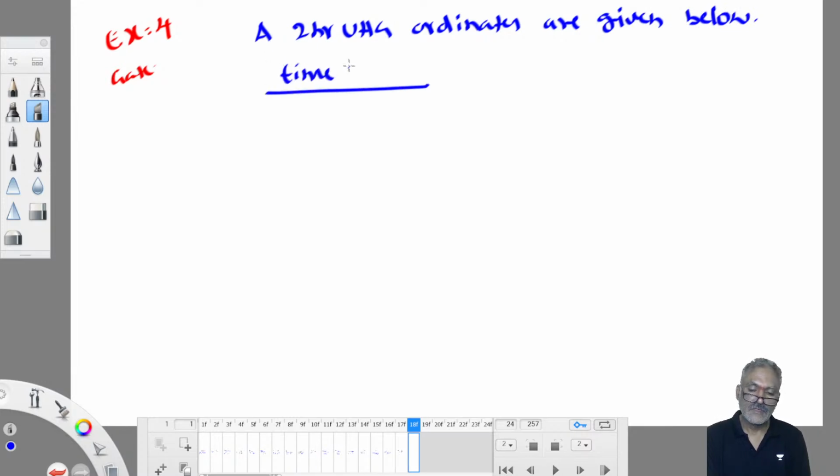Time in hours and discharge in meter cube per second.